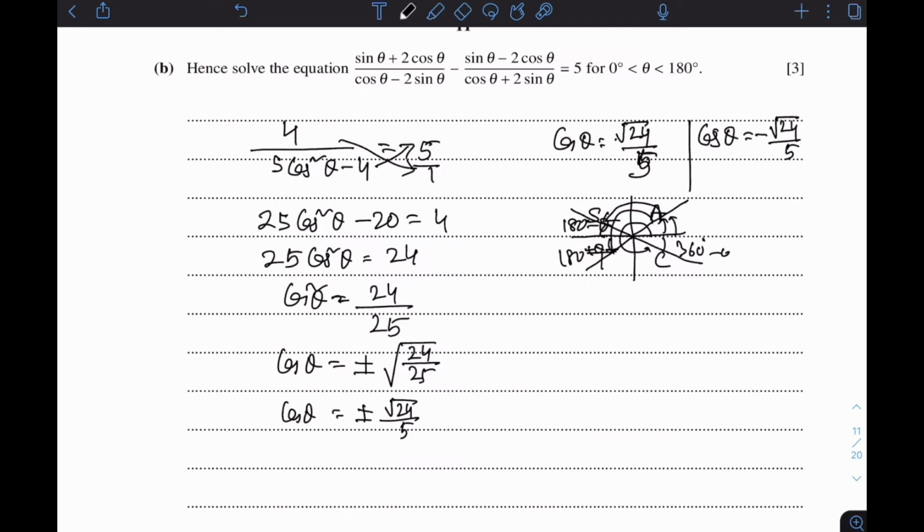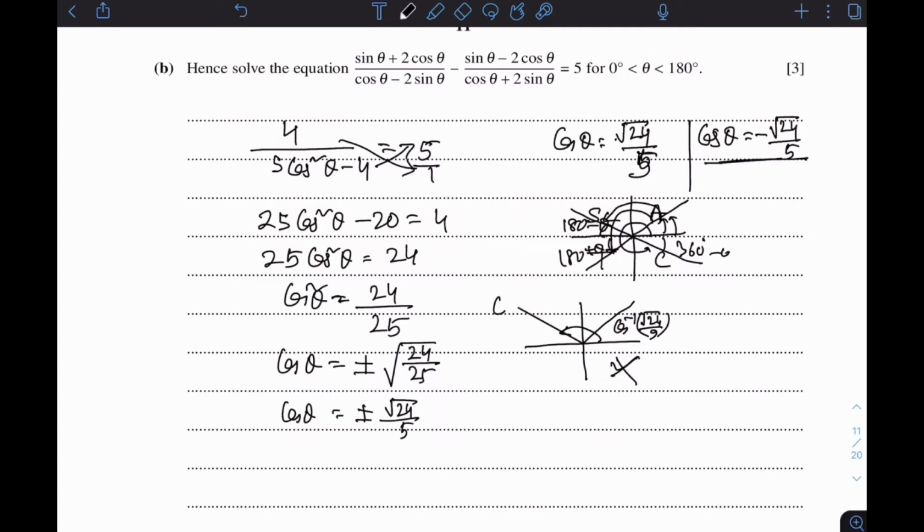Now, since this is the positive part, for the positive part we get all positive, so this will be cos inverse root over 24 by 5. Another cos value is negative, so I can use it in the second quadrant, where cos is negative.